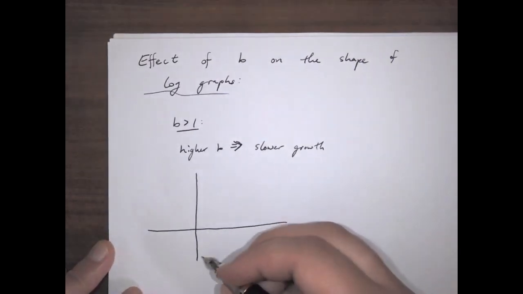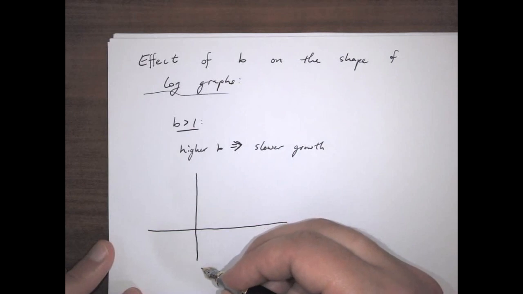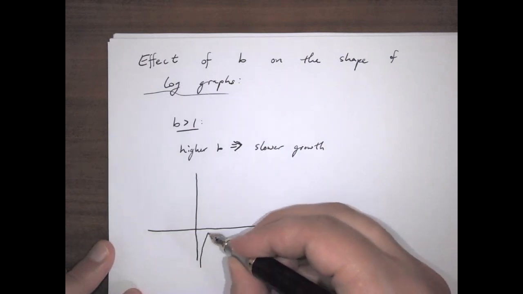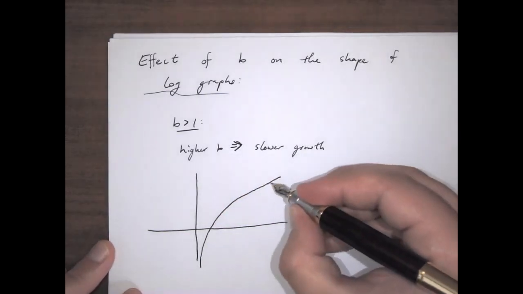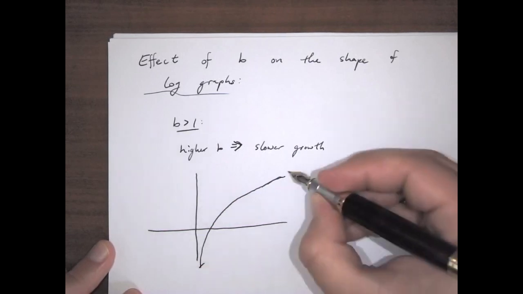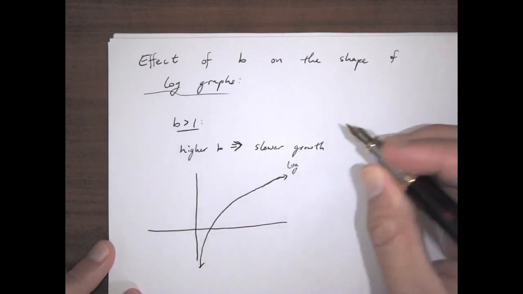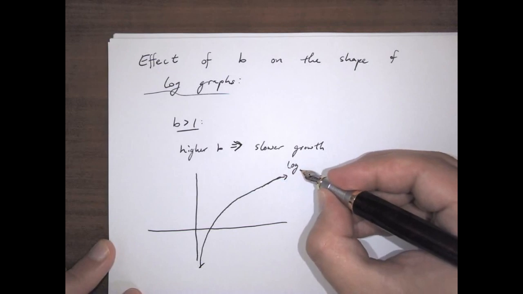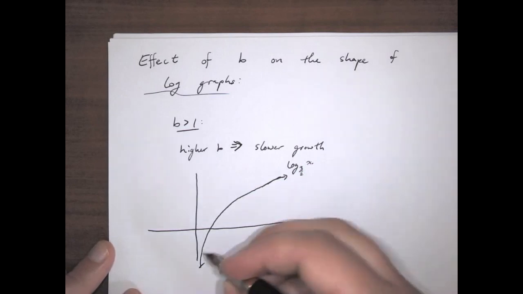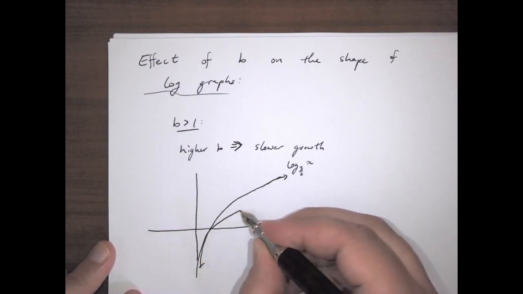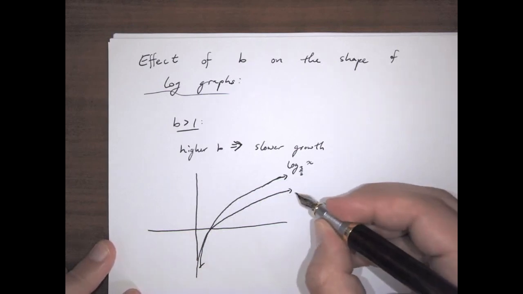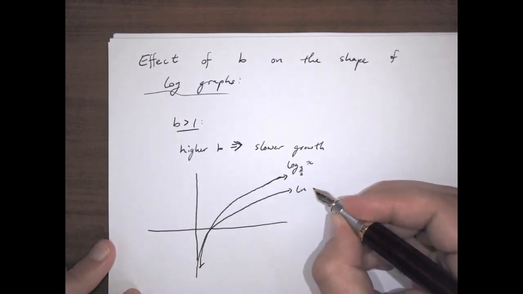So for example, if we had an exponential function like this, a logarithmic function like this would mean a relatively shallow growth. So this would be like log base 3/2 of x, versus one that was growing a little bit slower, which would mean something more like this, which could be, say, something like ln x.